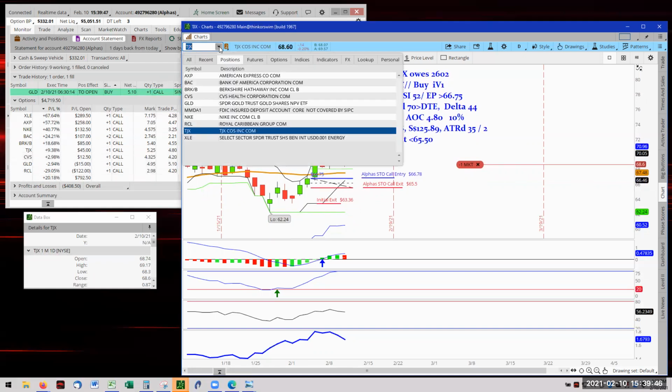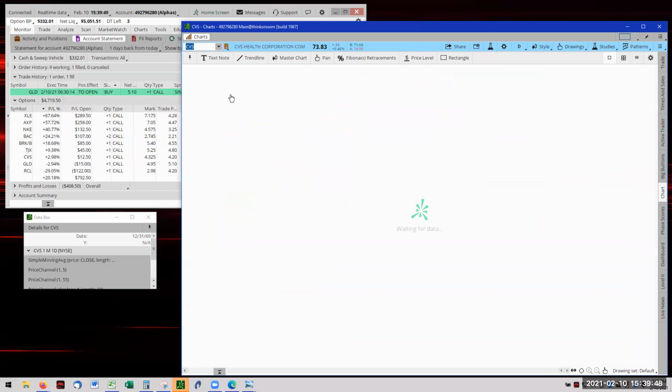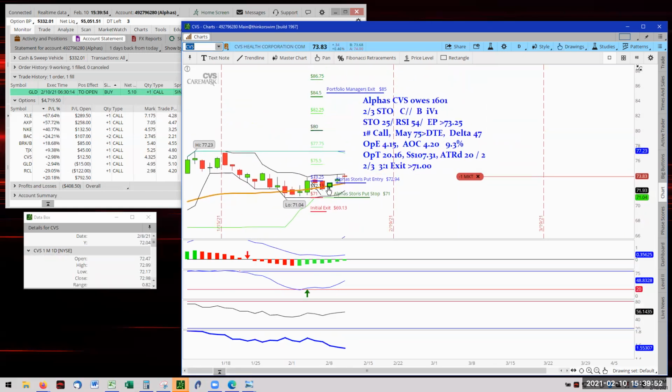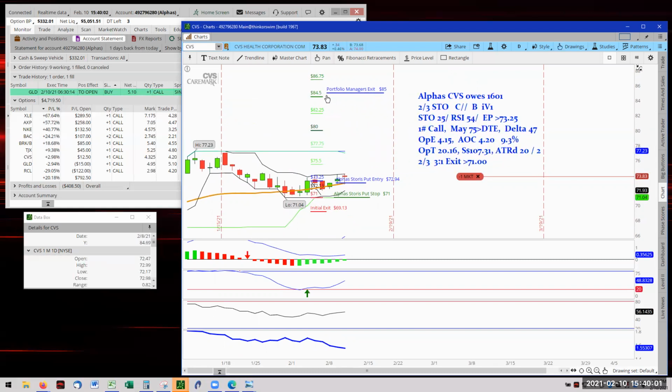Now CVS has got onto the scoreboard, and this was the 3-to-1 ratio right there. 1, 2, 3, $80. And also, I put in a portfolio manager's anticipation exit right here at $85. We had a low of 71.